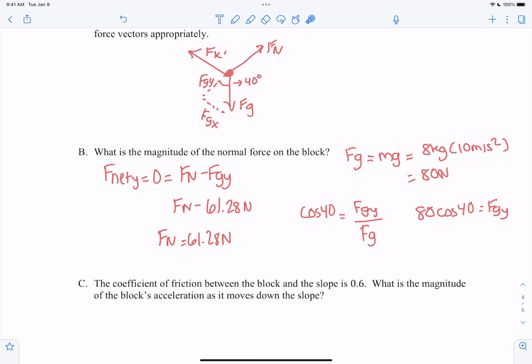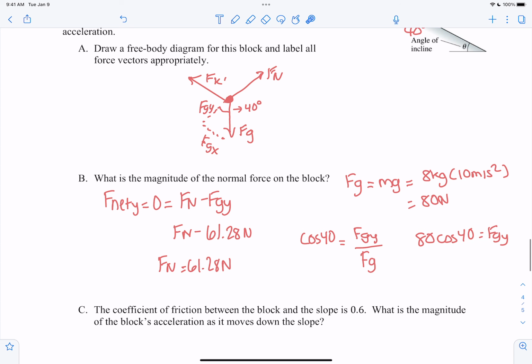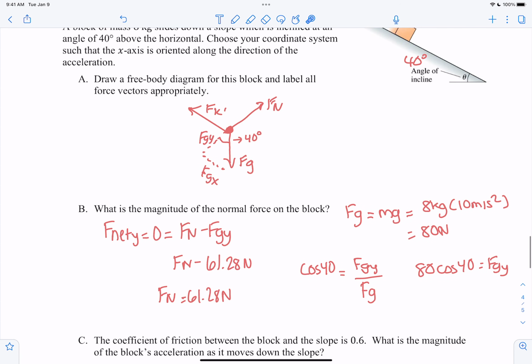Now, if I were to ask, what is the force of gravity in the y direction, Fgy alone, without the magnitude, I would have to say this is negative 61.28 newtons, because it's pointing along the negative tilted y-axis. But since we're throwing in the negative sign from the beginning in the equation, we just throw in the magnitude, 61.28.